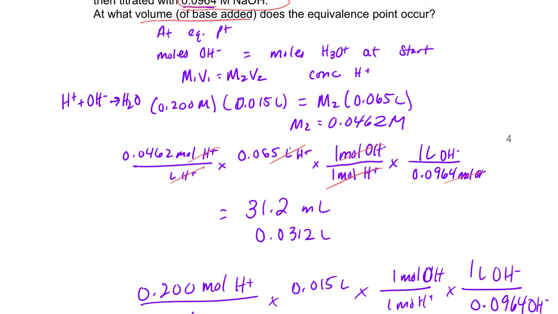Concentration or volume doesn't change that. Does that make sense to everyone? So either way, you get the same answer, right? Questions on that? I'm going to go on, okay.